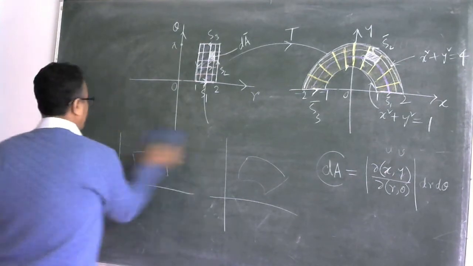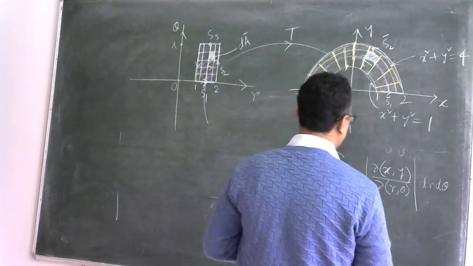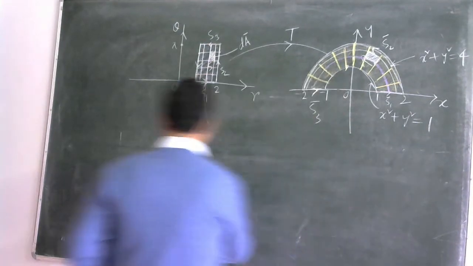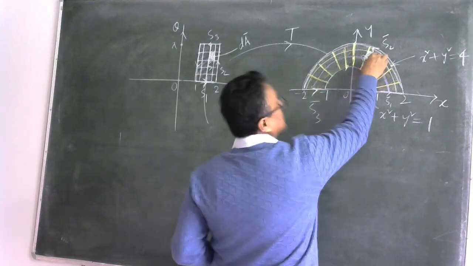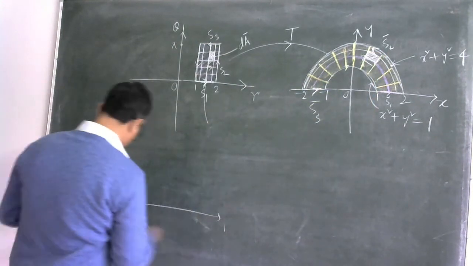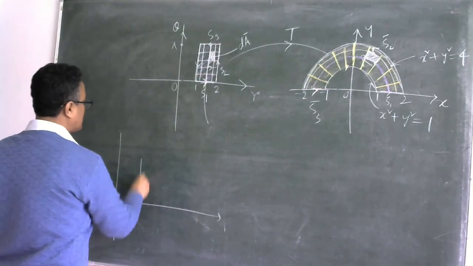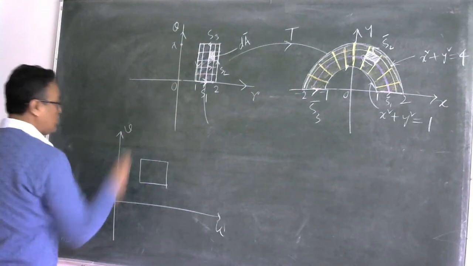Okay, fine. And with that note, I would like to tell you something more here. So now let me concentrate on this patch and this patch. Okay. So now what I did, I considered, now let me come to the UV plane.